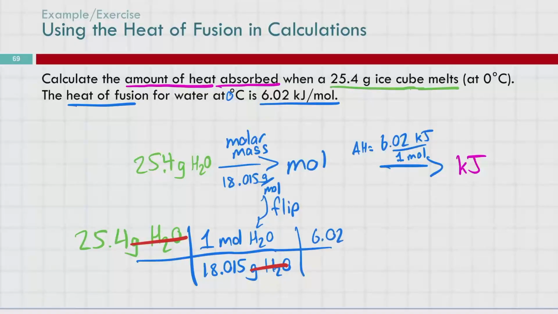So we're multiplying by 6.02 kilojoules. This is per 1 mole. The chemical would be H2O. Moles H2O cancel, and what we put into our calculator is 25.4 divided by 18.015 times 6.02. Or you multiply everything on top, hit enter, gets you a number, and then you divide that by 18.015.